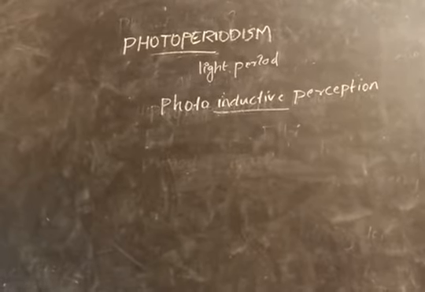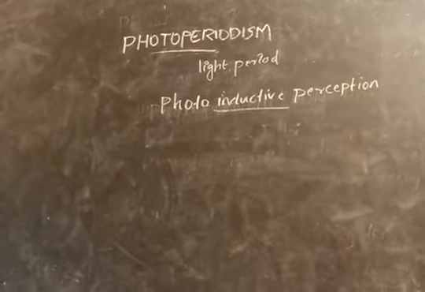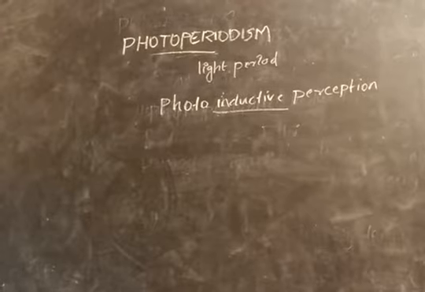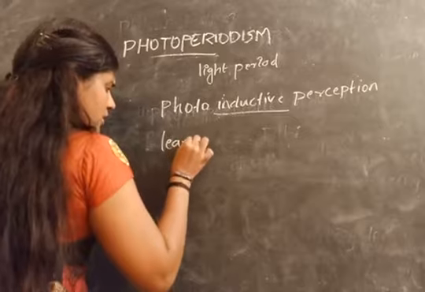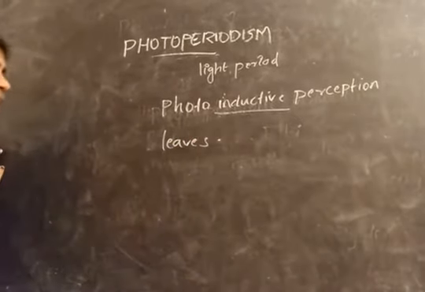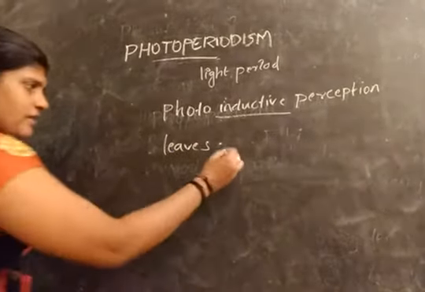The floral hormone is synthesized in leaves and is translocated to the apical tip. So, leaves also play a significant role in flowering.